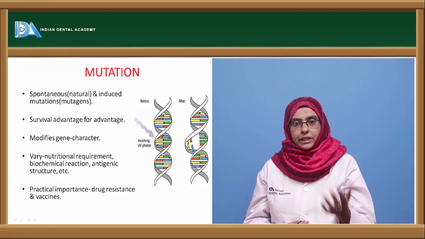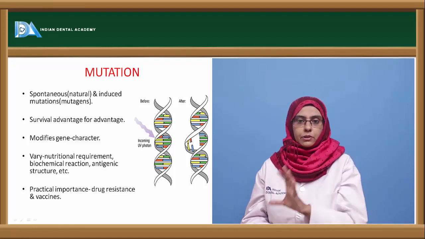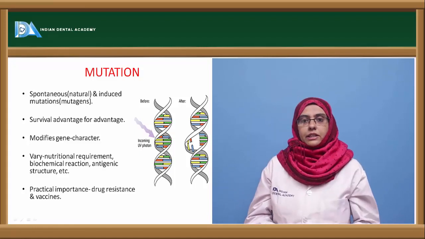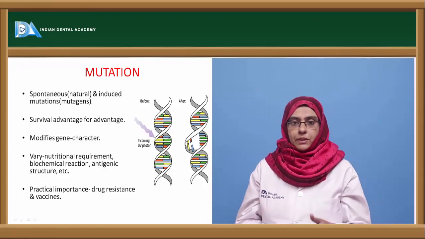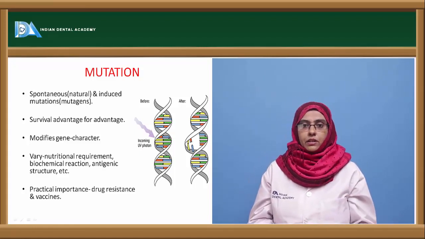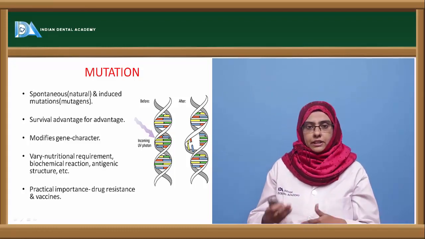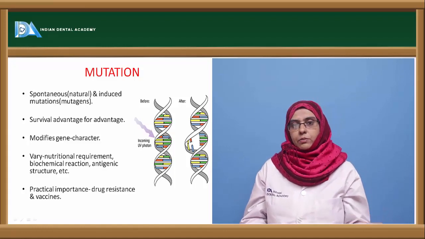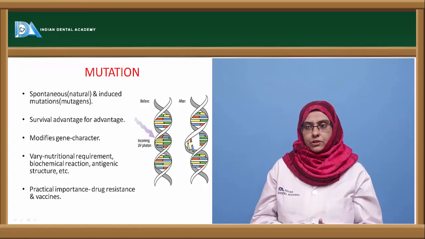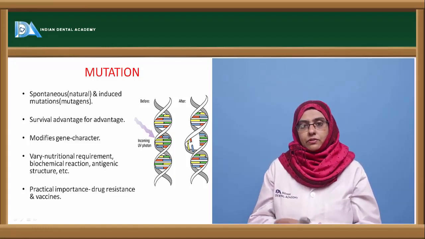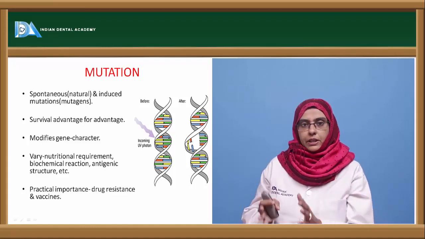So in a patient who is on a particular antibiotic, this mutated organism confers a survival advantage in the human host, where they completely multiply in spite of the drugs that are taken by the human to treat a particular infection. So it confers certain survival advantages for the organism to survive in that particular environment.